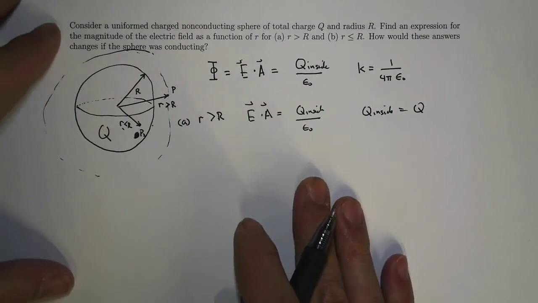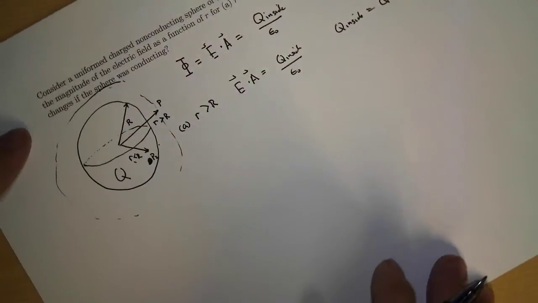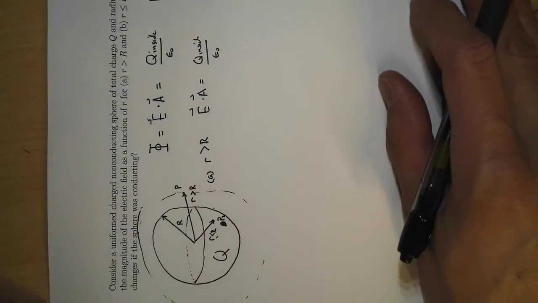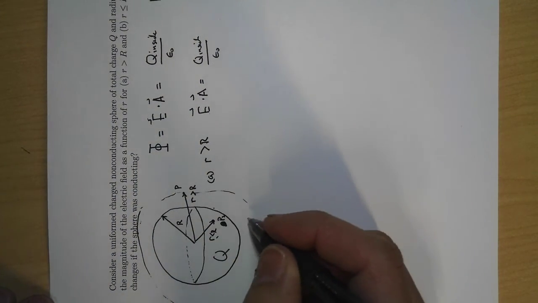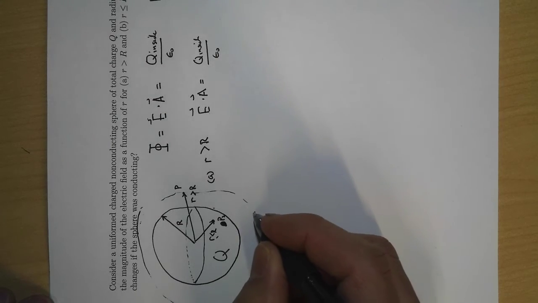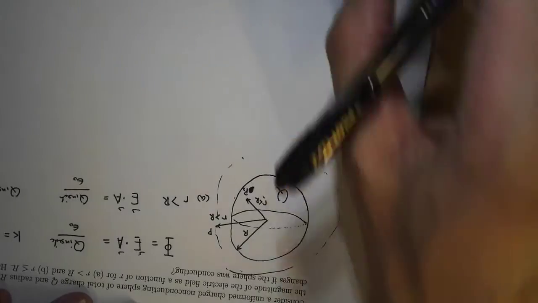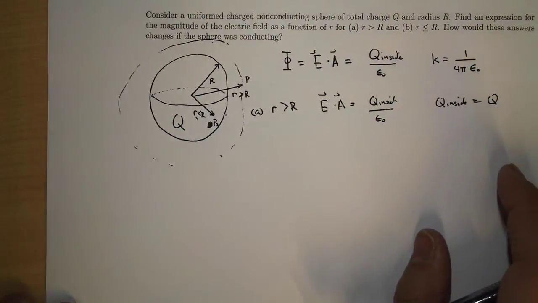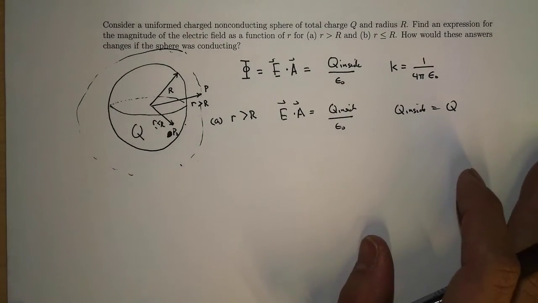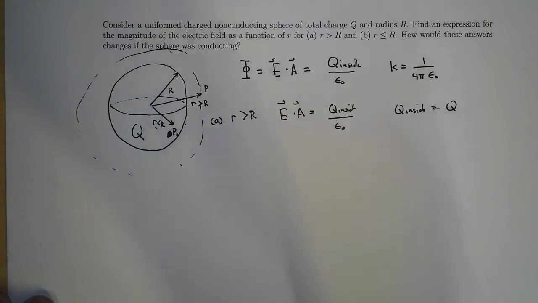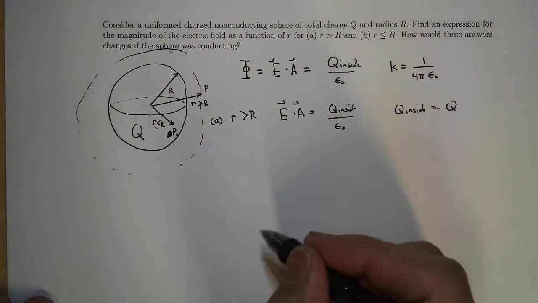If I keep rotating this thing all around, I get the same problem over and over again. So by knowing that the electric field has to be spherically symmetric, I can actually solve this problem.